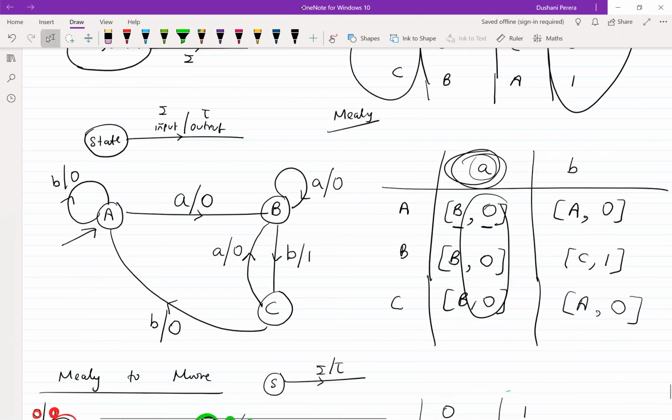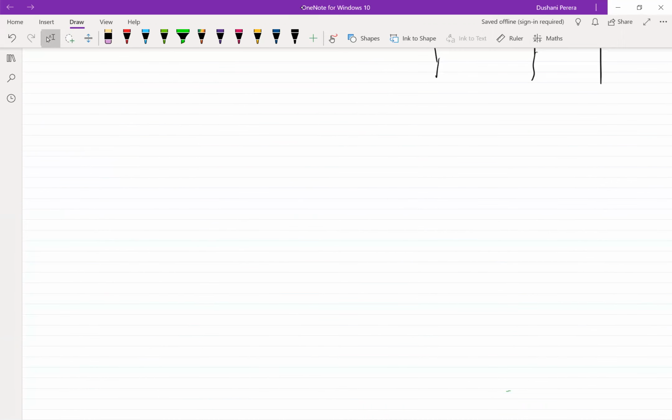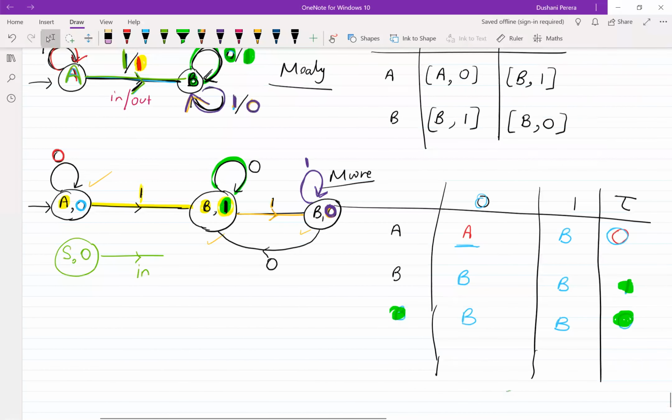Okay, so what did we do during the discussion of finite state machines? We first understood that finite state machines can be classified. Some have an output while some do not have an output.